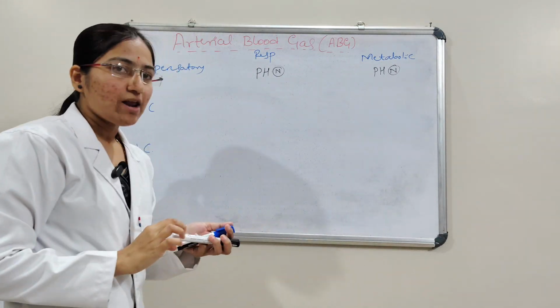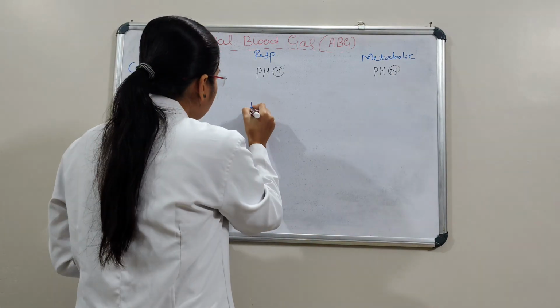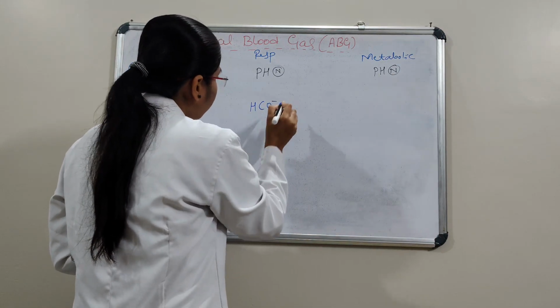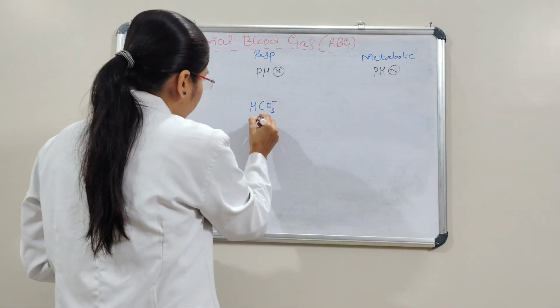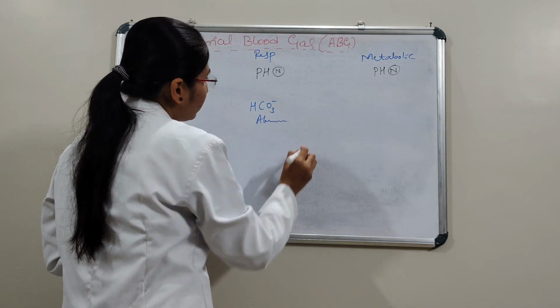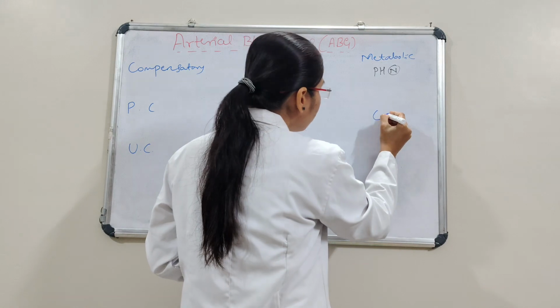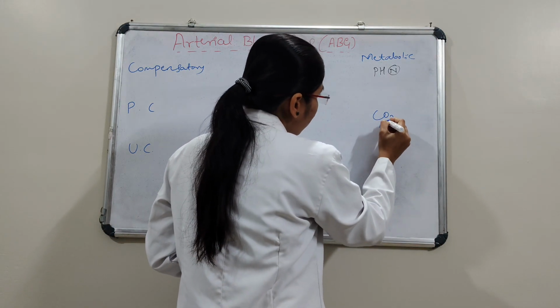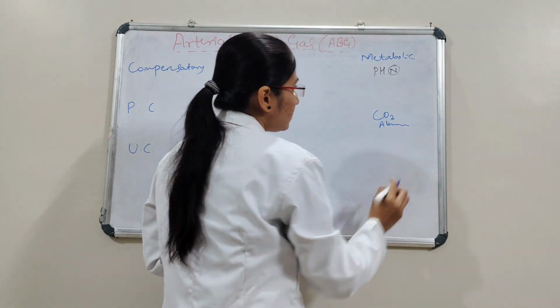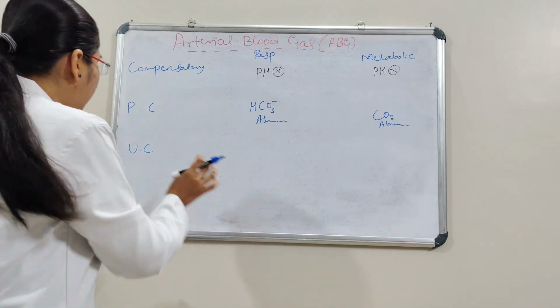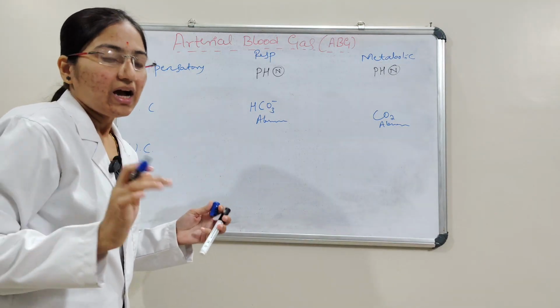Here comes the partial compensatory. Here bicarbonate abnormal, in the sense CO2 abnormal. And then here uncompensatory.